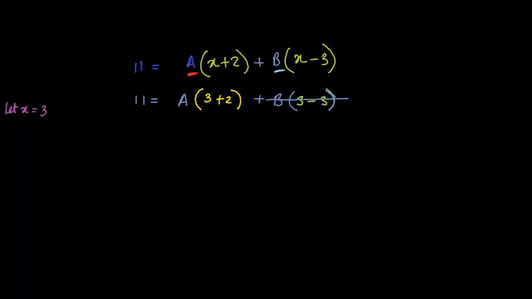So, what we get in the end is 11 is equal to 5a. So a is equal to 11 over 5.